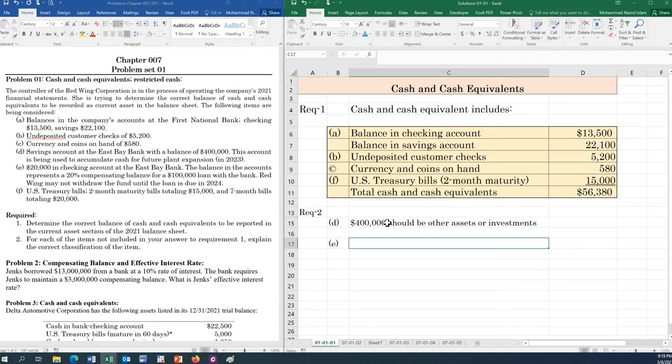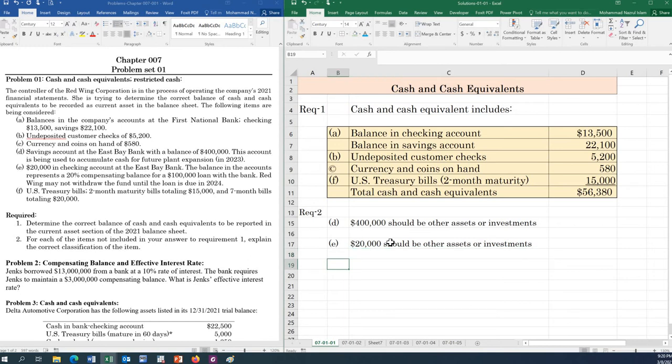And number E, the 20,000 in the checking account. The balance in the accounts represents a 20% compensating balance for a 100,000 loan with the bank. So we cannot use them until 2024. So this amount is also not a cash or cash equivalent. So this 20,000 should be other assets or investments.